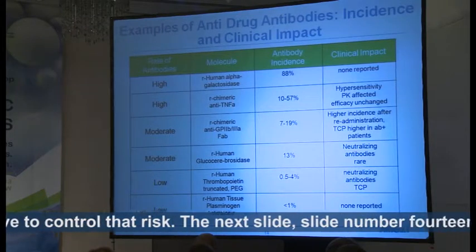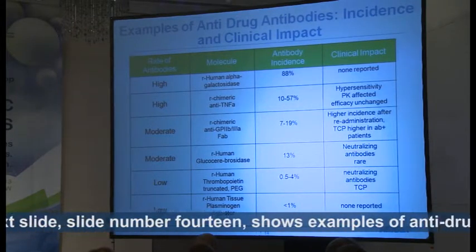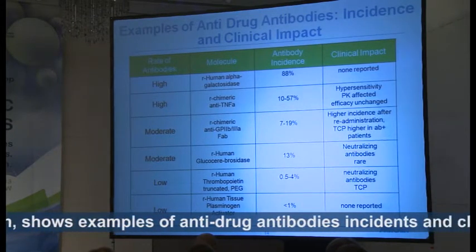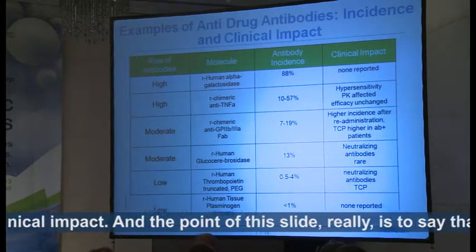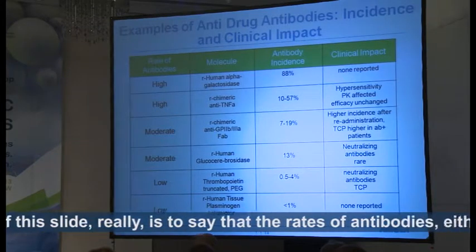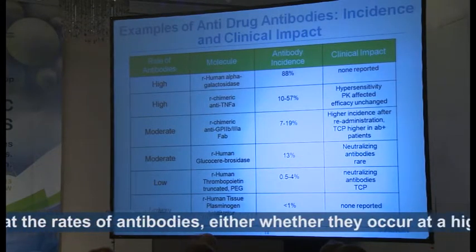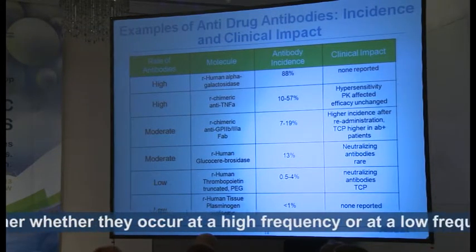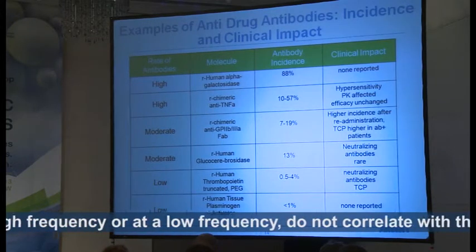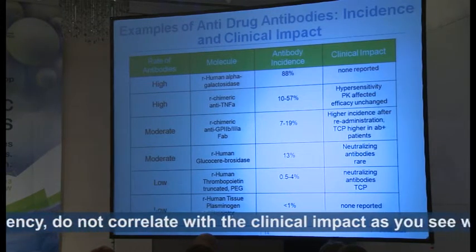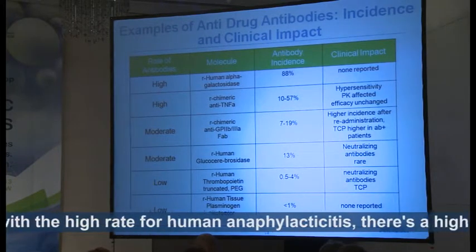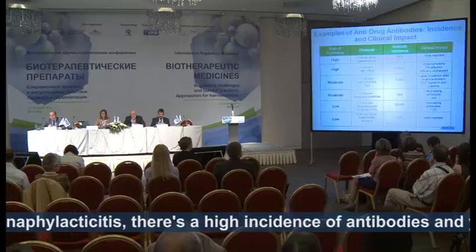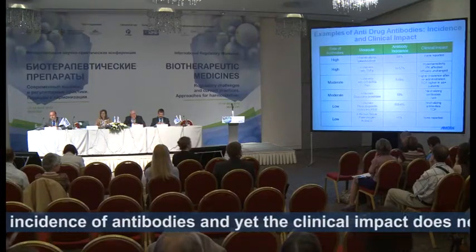As you see with the high rate for human alpha-galactosidase, there's a high incidence of antibodies, and yet the clinical impact does not appear to be significant. In contrast, there are low rates of antibodies for thrombopoietin, 0.5 to 4%, but neutralizing antibodies and thrombocytopenia resulted from some of these. So even though it was a low incidence, you saw a clinical effect.